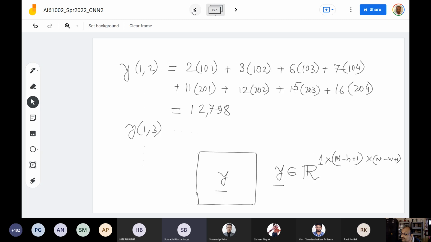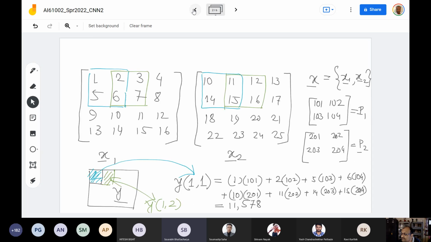Okay, sir. What do we mean when we say we are concatenating them to form the entire one? You are concatenating them along the third dimension. So I'm stacking one behind the other. Okay, so we are manually forming the third dimension by concatenating them. Yeah.